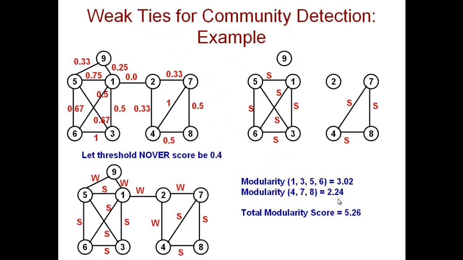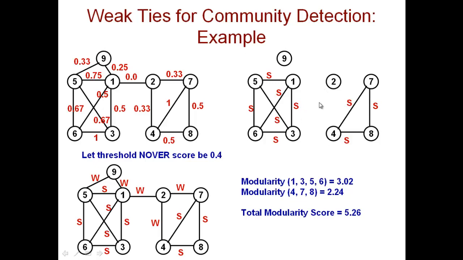So continuing the same example, once we have classified the weak ties and strong ties and made sure the strong triadic closure property is satisfied, we will simply remove all the weak ties and let the graph disintegrate into communities or clusters like this.